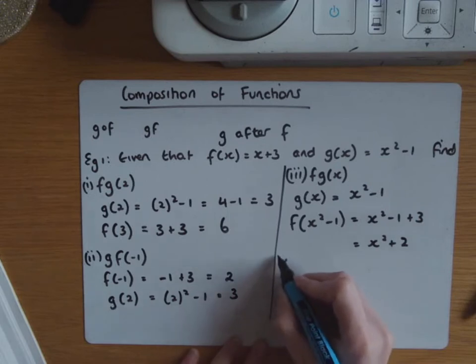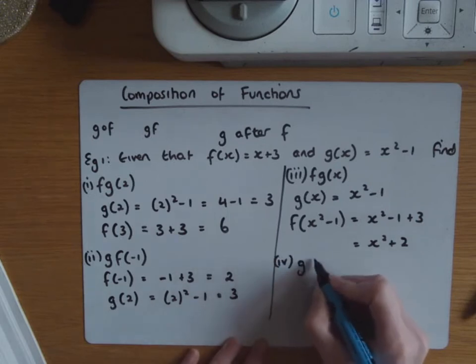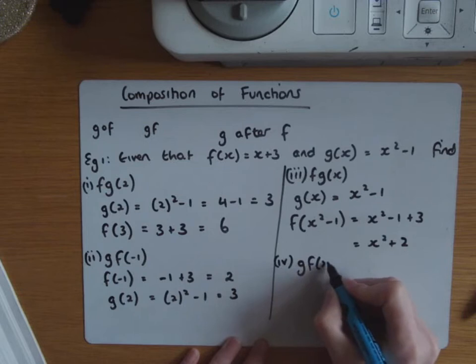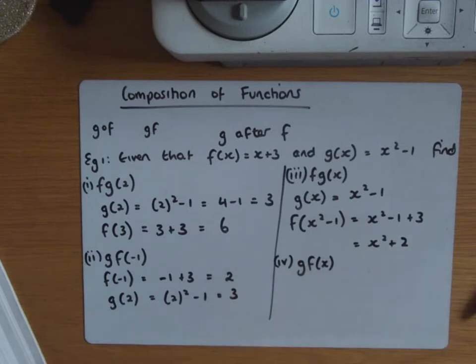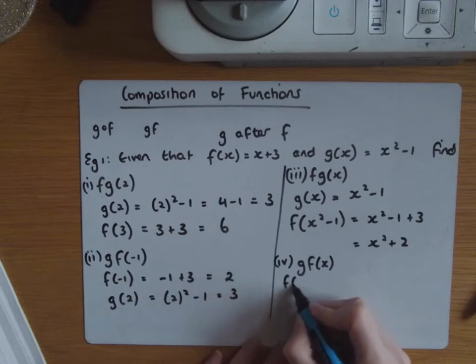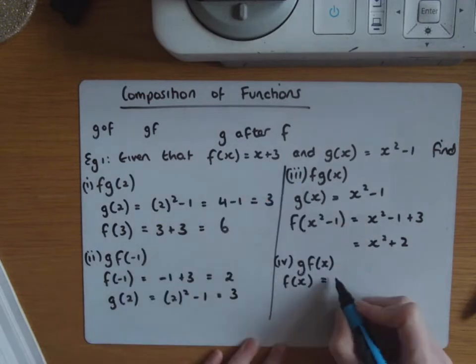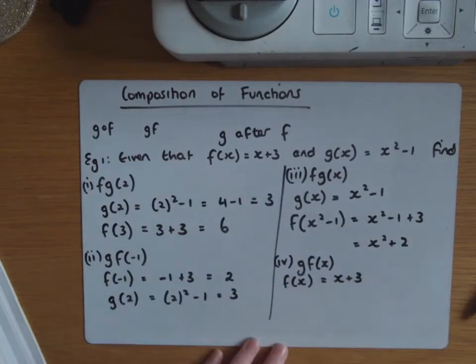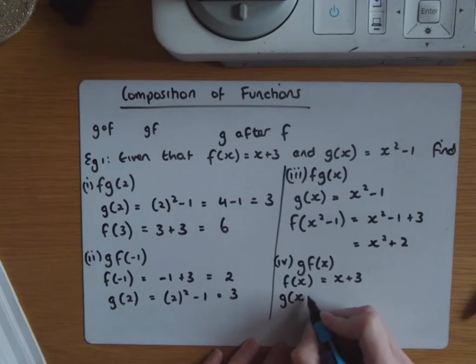And the last one, let's do g of f of x. Okay, so g after f of x. So I need to get what f of x is. f of x is just x plus 3. And then I need to do g of my answer. So g of x plus 3.